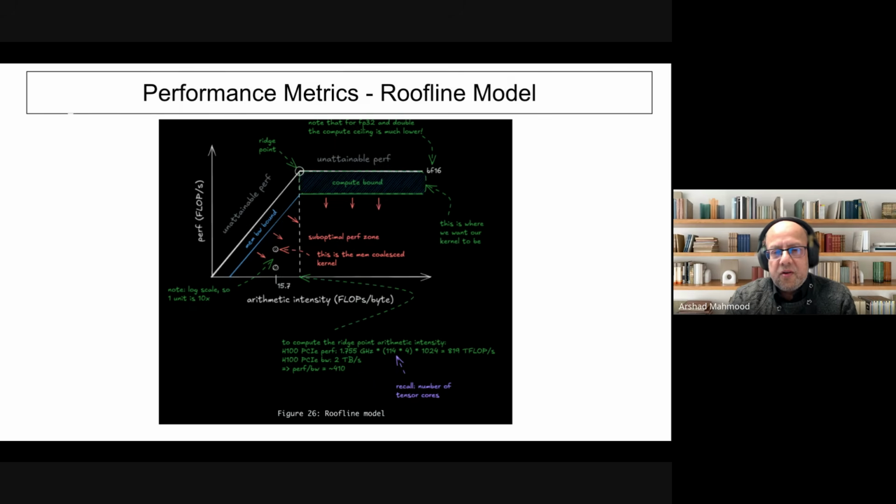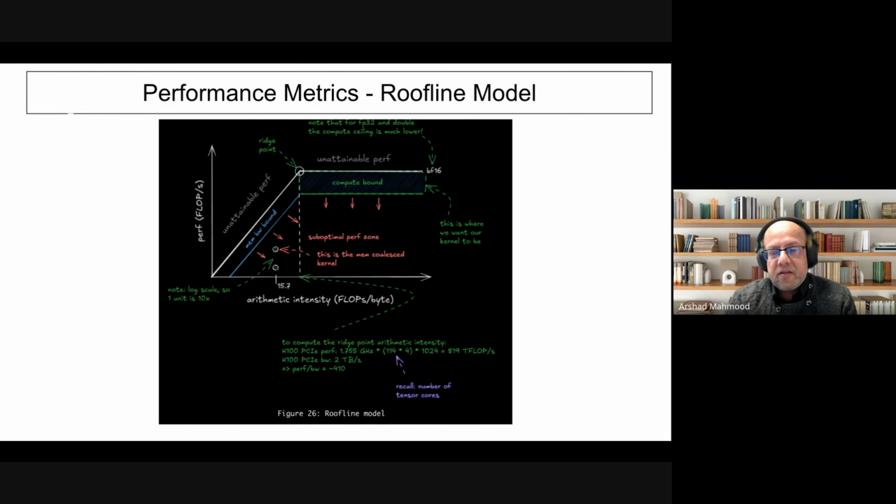If you know your algorithm is at a certain arithmetic intensity, and you're getting a certain performance, then it can tell you whereabouts you are and how much leeway you have to push your performance higher. You would do that by optimizing your global memory access, because that is probably going to be the biggest win for you.